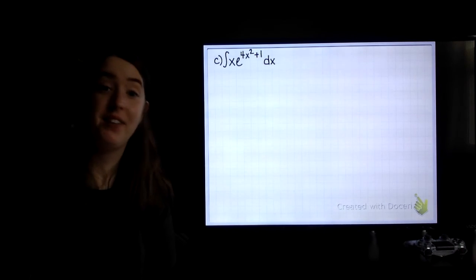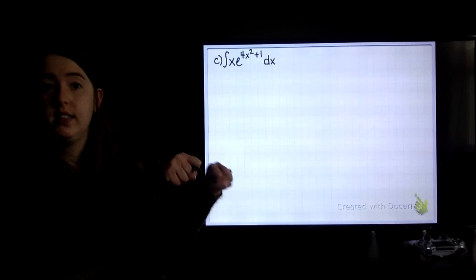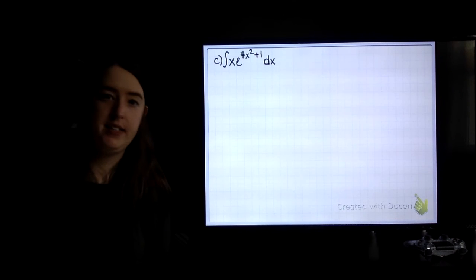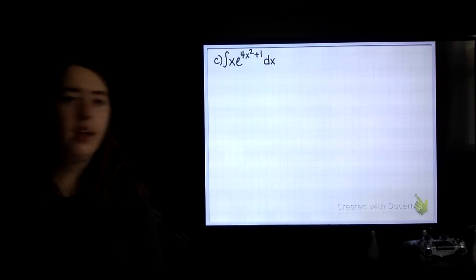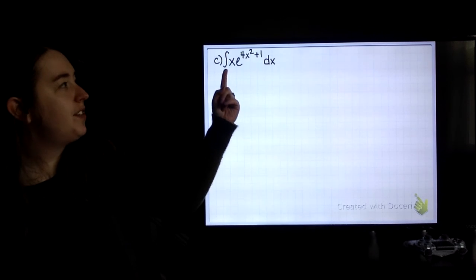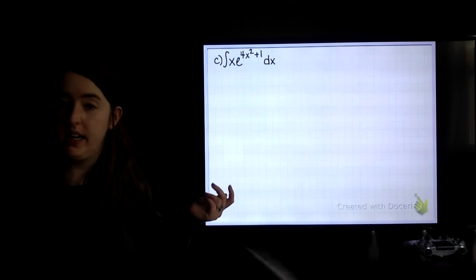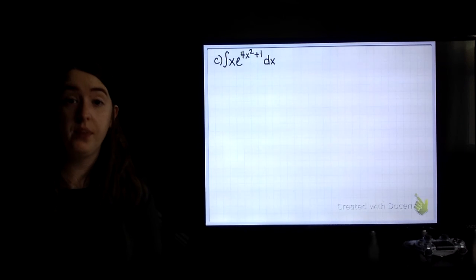And all that will be left over are constants or coefficients that we can just pull out front and make our lives a whole lot easier. So in this case, the derivative of x is just 1. So taking the derivative of that and substituting it in would not be very helpful.